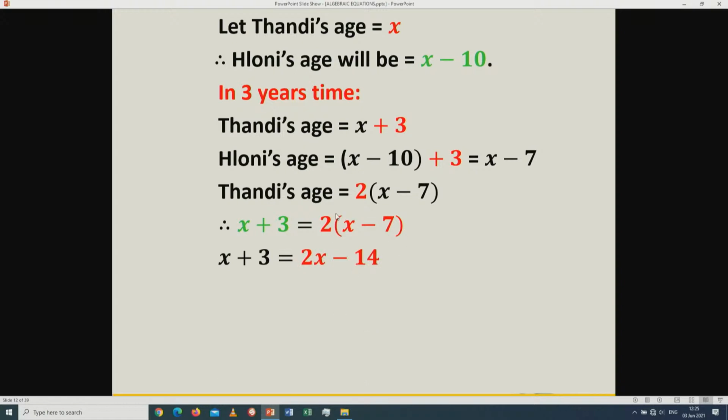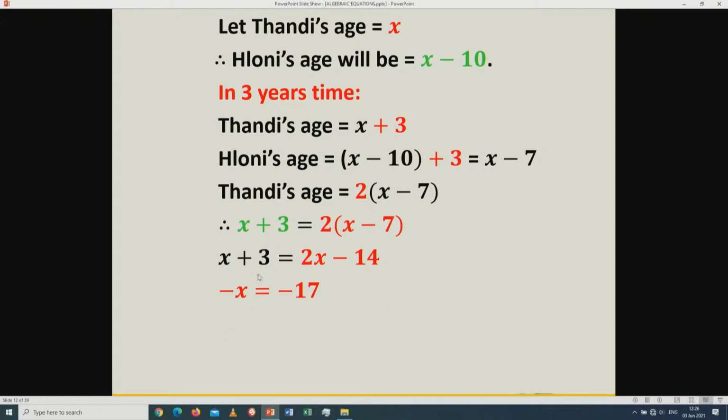We remove the brackets by applying the distributive property: 2 multiplied by x, 2 multiplied by negative 7, which will be 2x minus 14. Then adding negative x on both sides, we will have x minus x, and on this side, 2x minus x, which will be x.